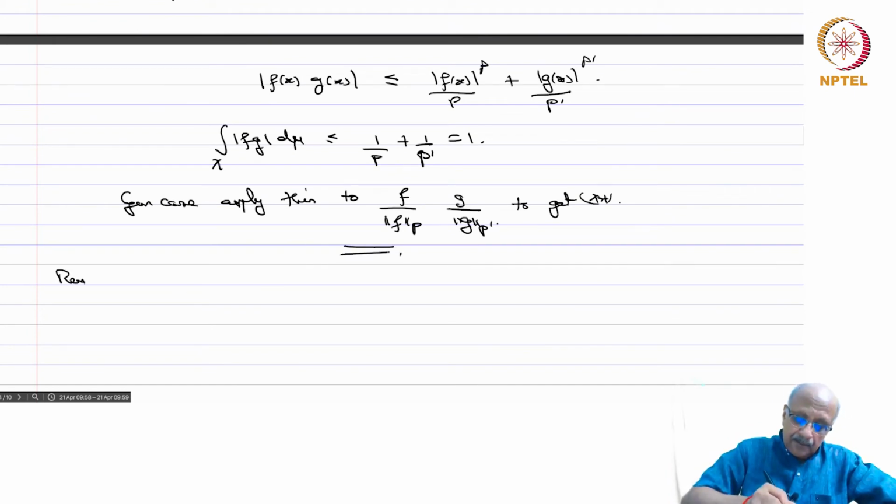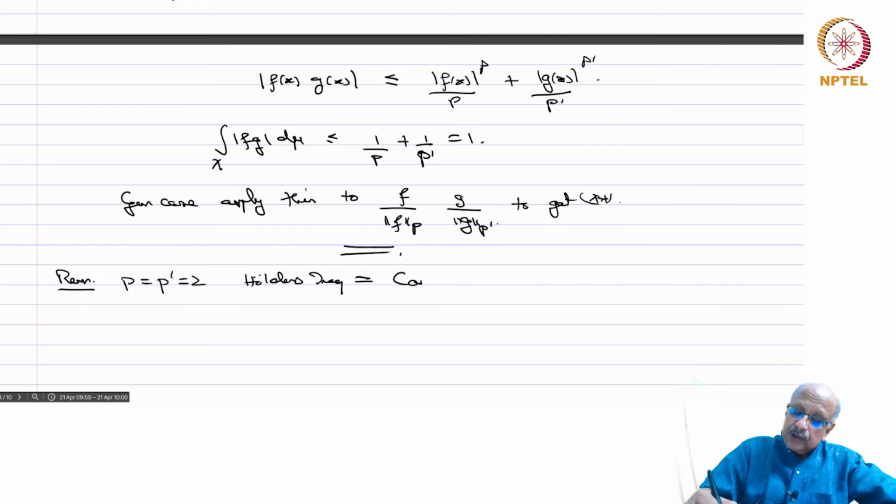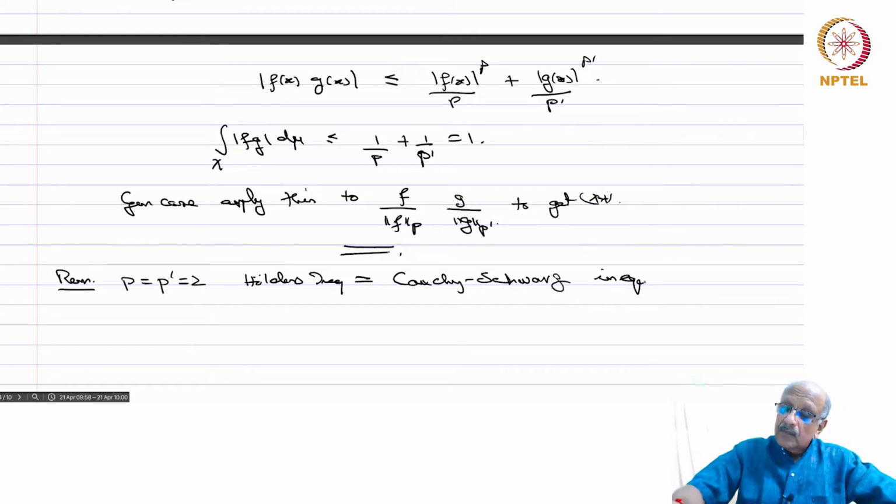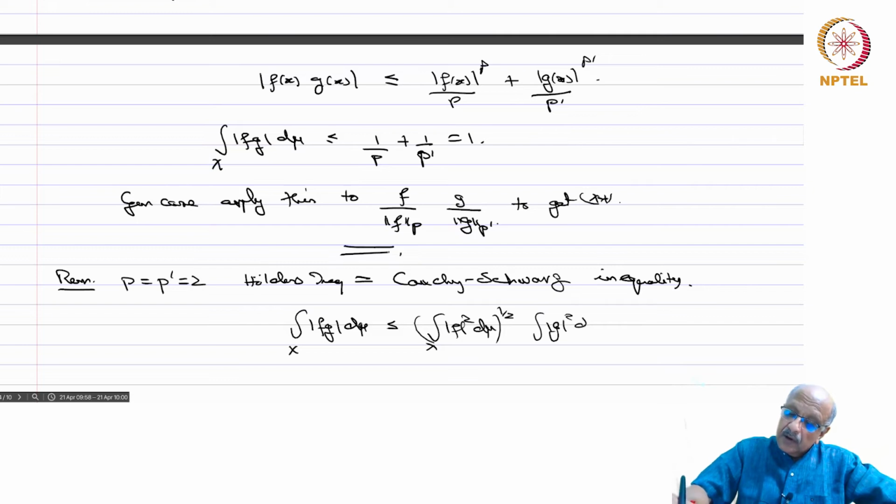So remark: when p equals p' equals 2, Hölder's inequality is the same as the Cauchy-Schwarz inequality. That is, the integral of |fg| dμ over X is less than or equal to the integral of |f|² dμ over X to the power half, times the integral of |g|² dμ over X to the power half.